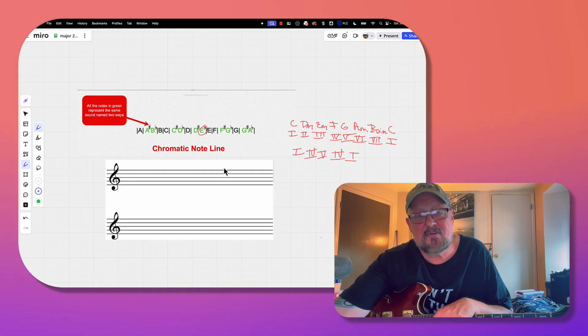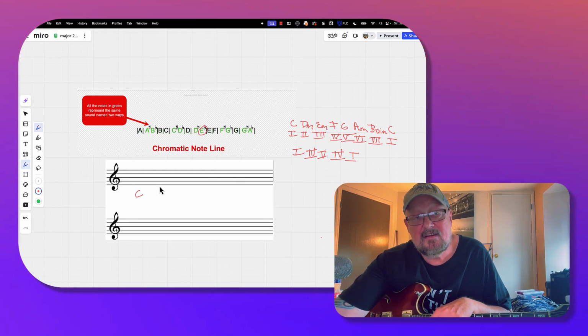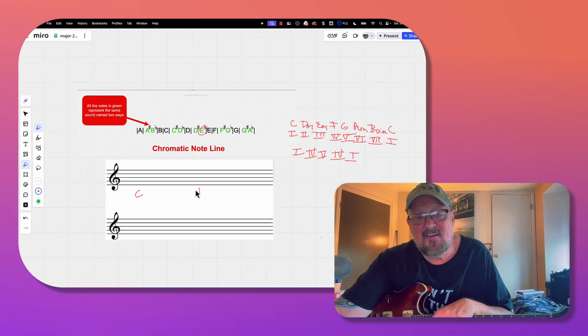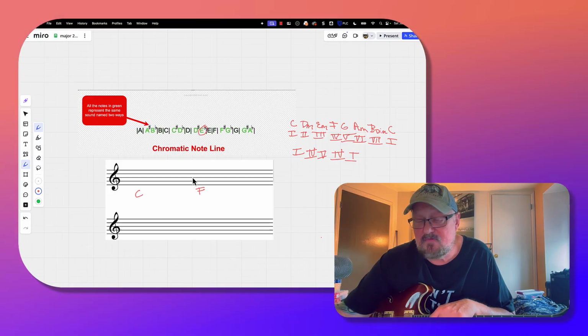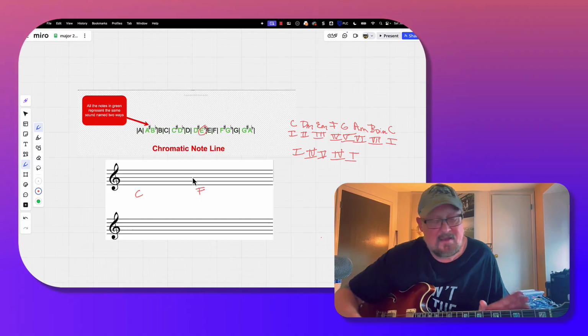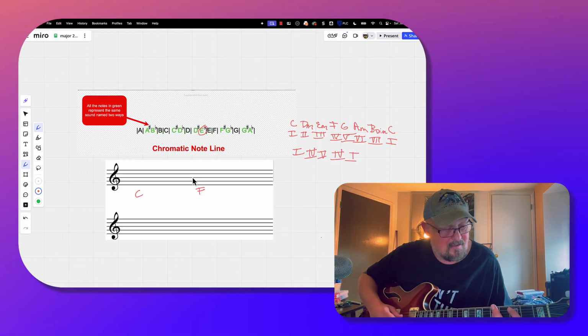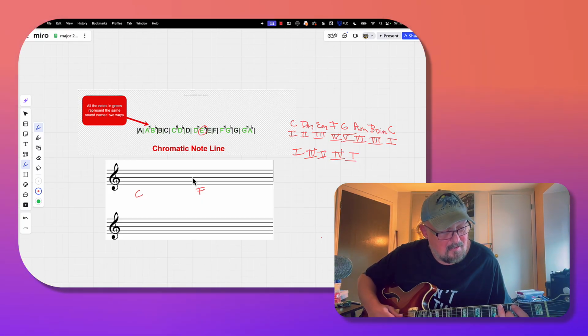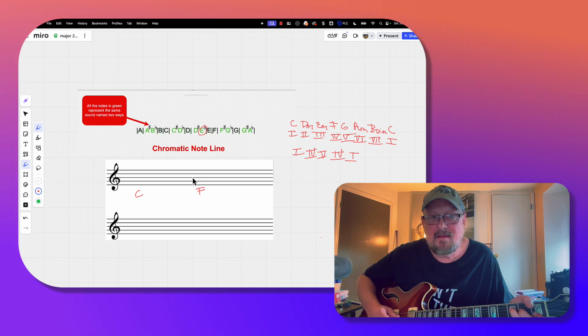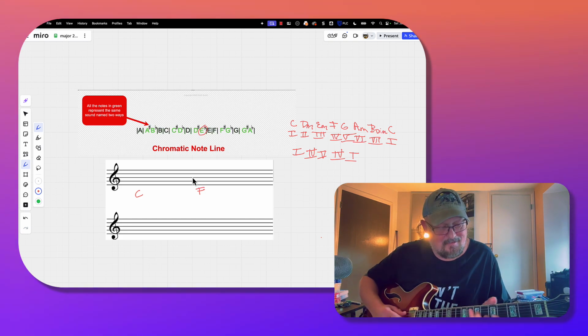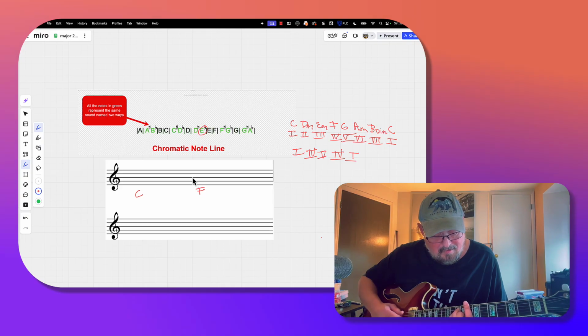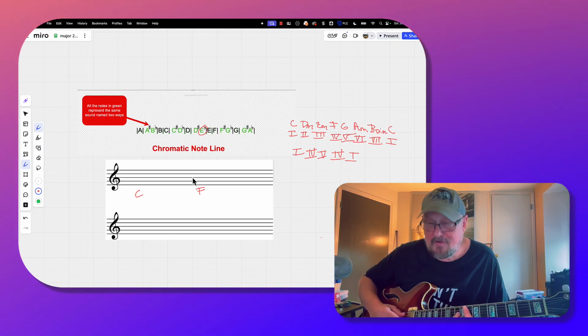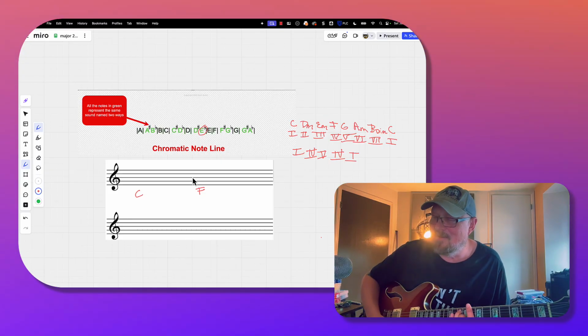Well, if we're in C and we're going to F, which is 1 and then 4, you'll hear. Right? It goes here a lot of times, which we'll talk about.